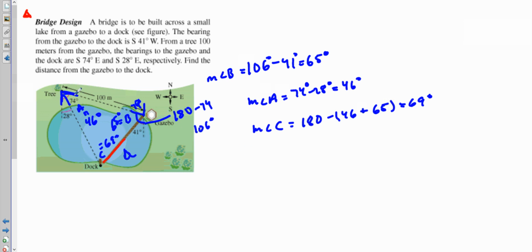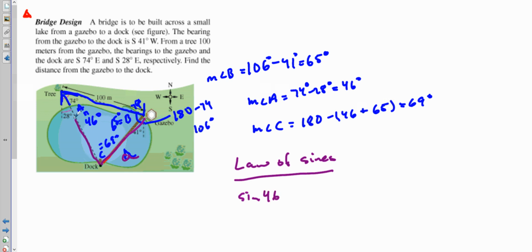We have one side offset at 69 degrees. Since we're trying to find this side, which I originally called D, but now we're trying to find A, we're going to use the law of sines. We did a lot of basic geometry there, but now we can take the sine of 46 degrees, because remember, we're only using the angles of the triangle. That's the key.